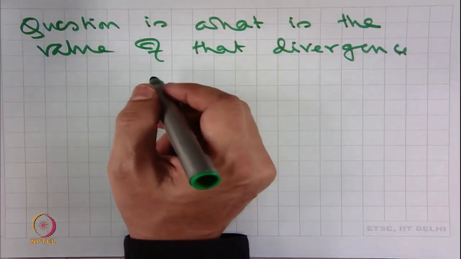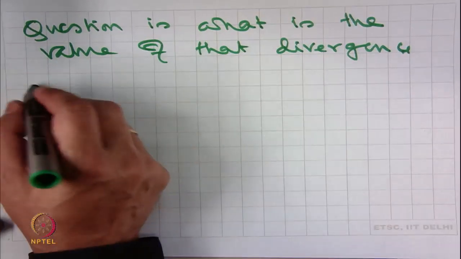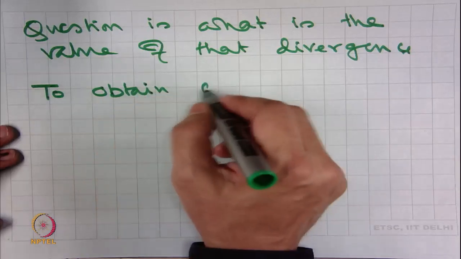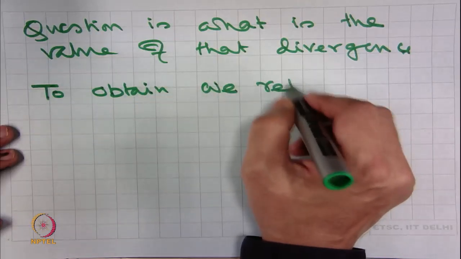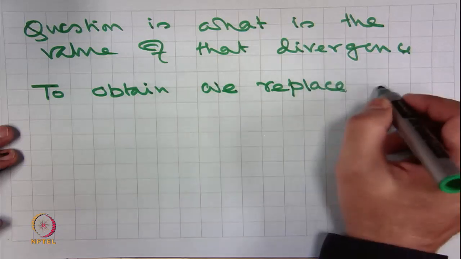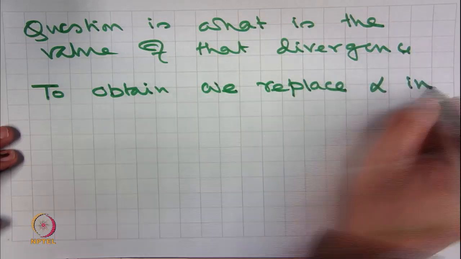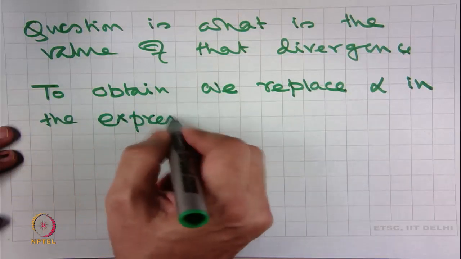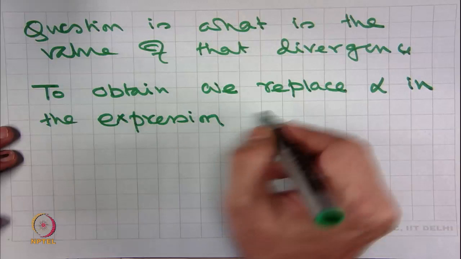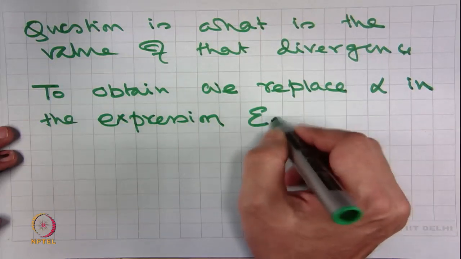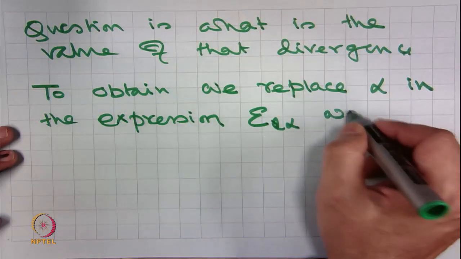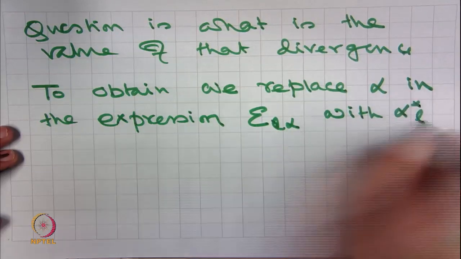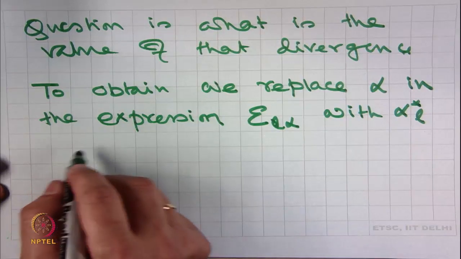In order to obtain that, we replace alpha in the expression epsilon L alpha with alpha star L, and we get the following.